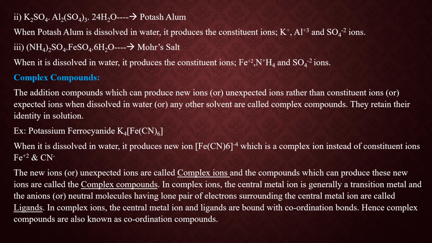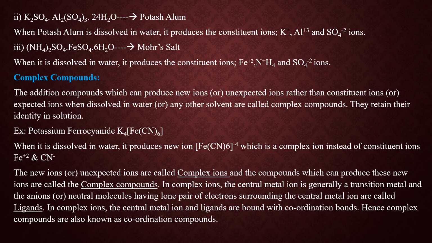So now you understood, I guess, why complex compounds or coordination compounds is the name of this chapter. Why are they called coordination compounds? Because the central metal ion and the ligands are bound with coordination bonds. Hence, complex compounds are also called coordination compounds.